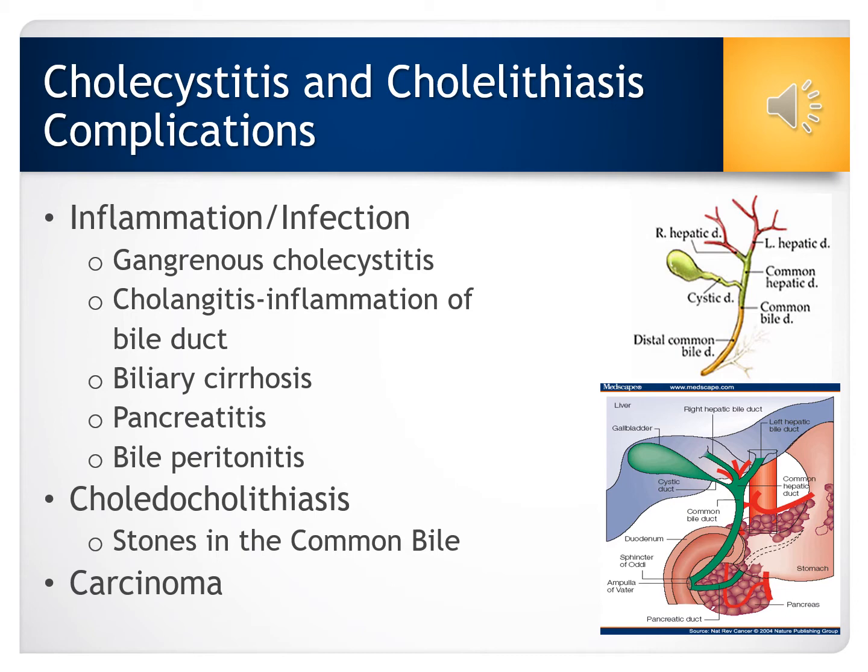In older patients and those with diabetes, gangrenous cholecystitis and bile peritonitis are the most common complications of cholecystitis. Cholelithiasis, which is stones in the common bile duct, can also occur, producing symptoms of obstruction. Another complication is carcinoma.